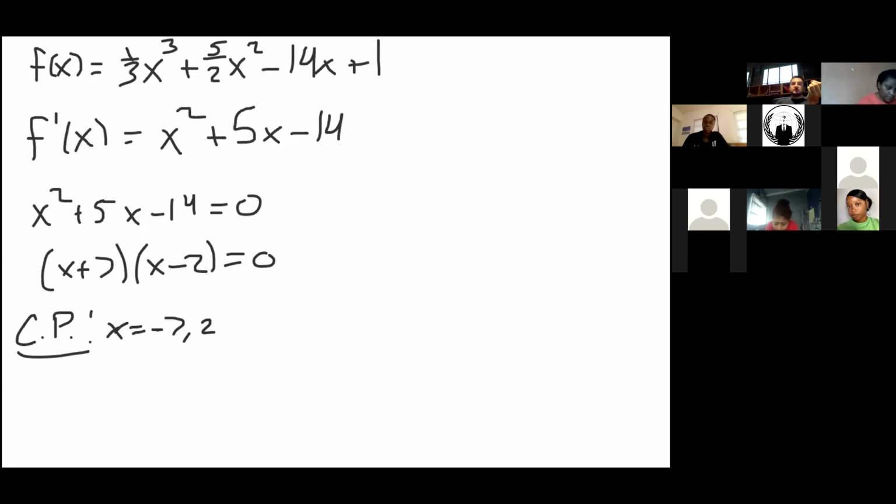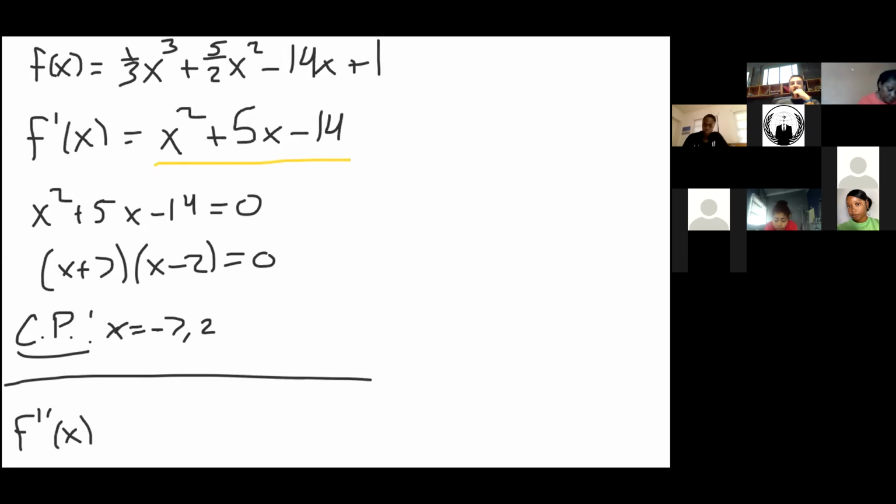Now, I want to use the second derivative test, which means I need to find the second derivative. All that means is I then need to take the derivative of x squared plus 5x minus 14, which means my second derivative will be 2x plus 5.